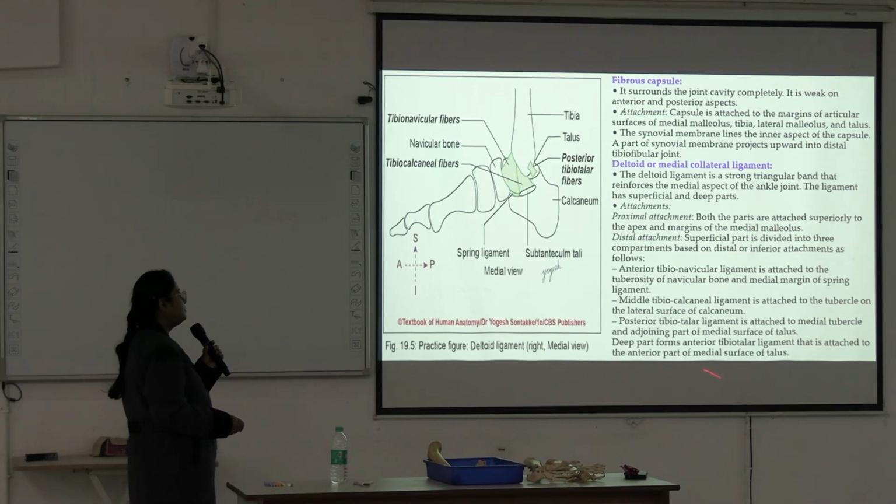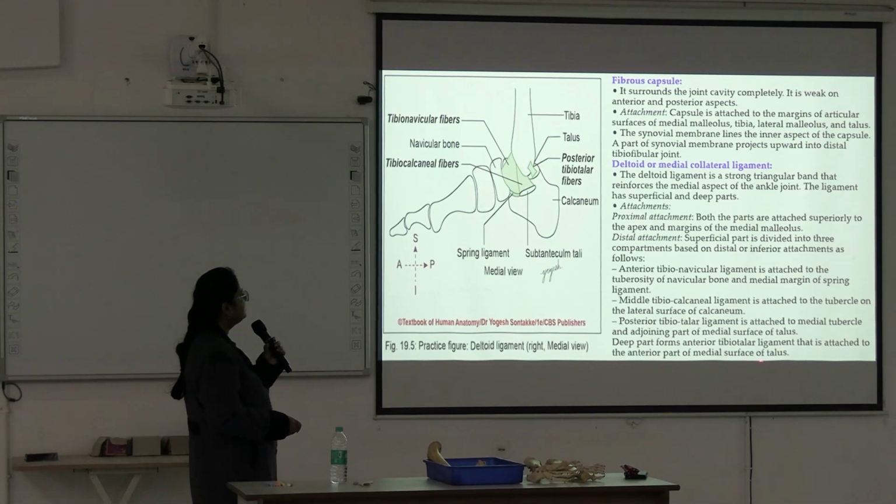The deep part forms the anterior tibiotalar ligament, attached to the anterior part of the medial surface of the talus. Just remember it has a superficial part and a deep part, and if possible remember these two fibers, which are important: tibio-navicular and tibio-calcaneal.